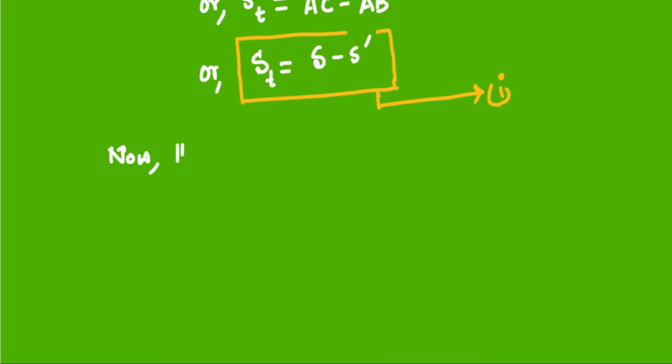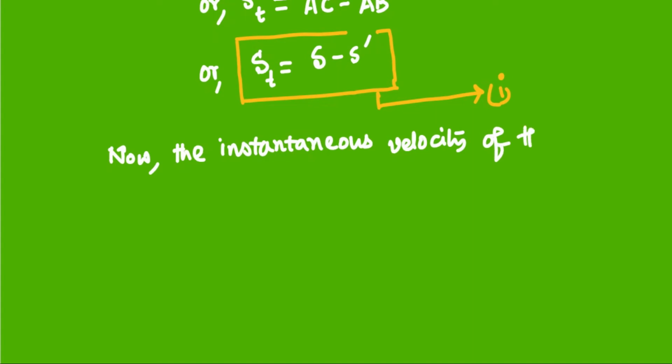Now, the instantaneous velocity of the body at the instant t, not at the point B, at instant t second.